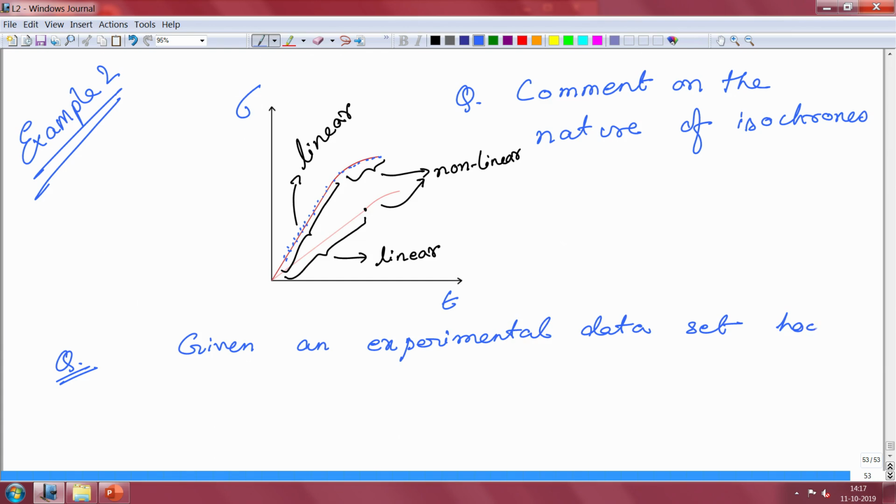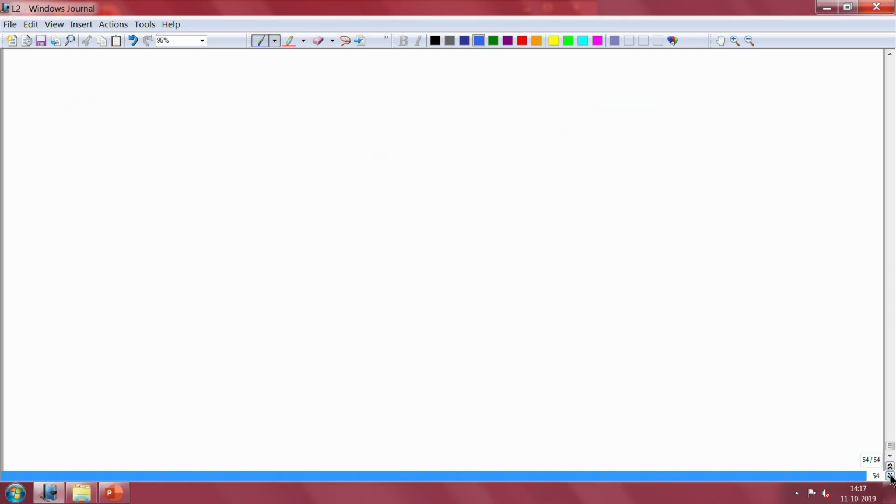What do I mean by saying how do we find G(t)?